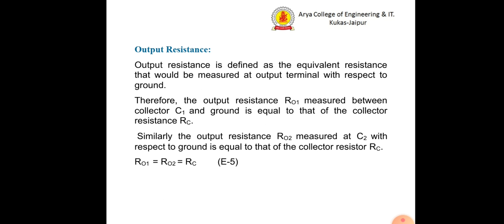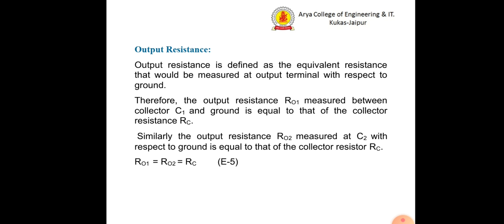Now about the output resistance. The output resistance is defined as the equivalent resistance that would be measured at the output terminal with respect to the ground. Therefore, the output resistance RO1 measured between the collector C1 and ground is equal to the collector resistance RC.